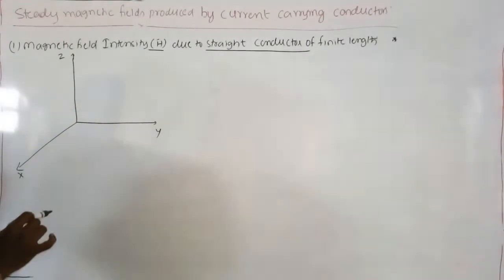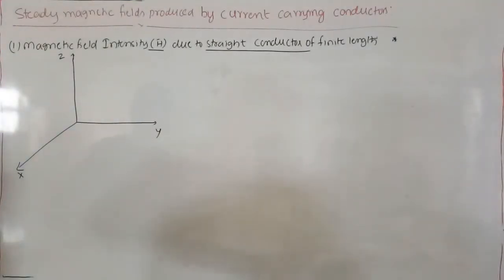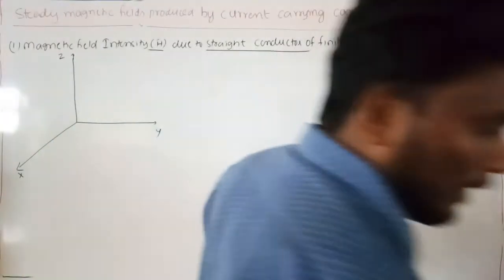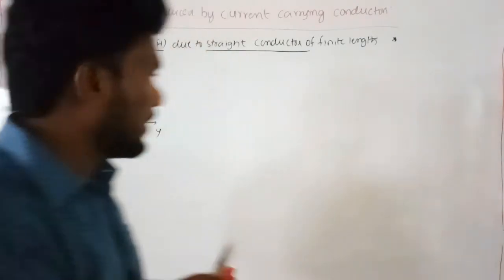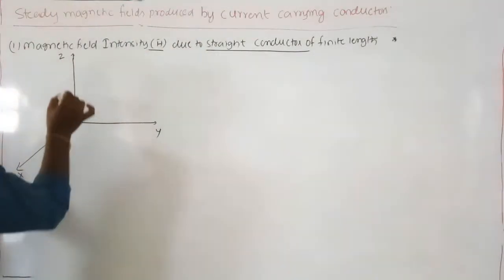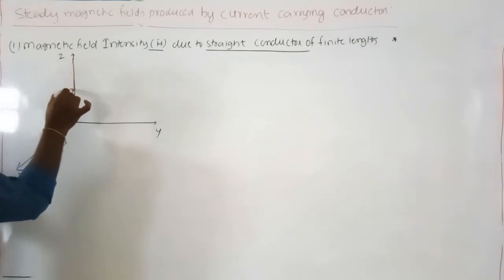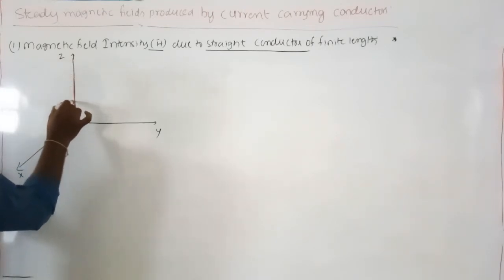These three axes are mutually perpendicular to each other in the Cartesian coordinate system. Now place your finite length of conductor on the z axis, like this. This is my finite length of conductor.